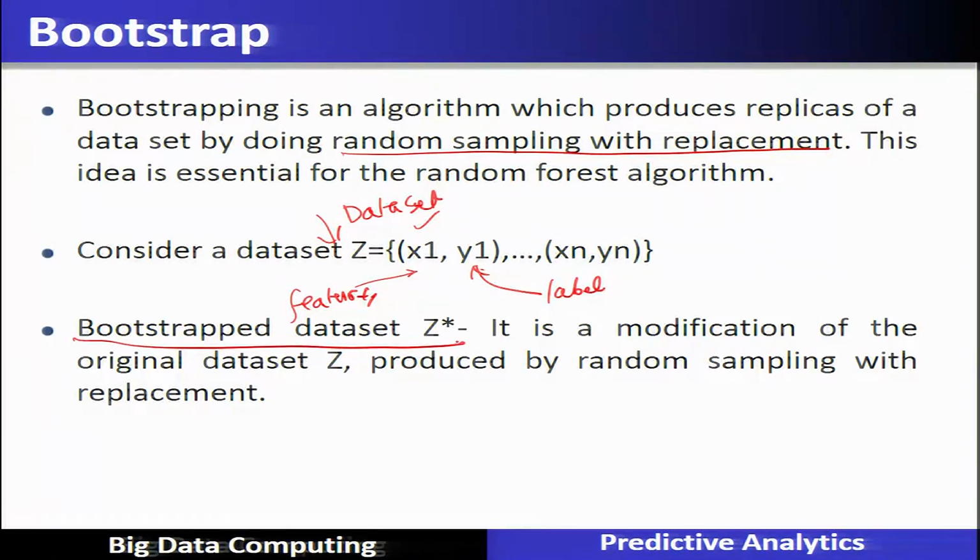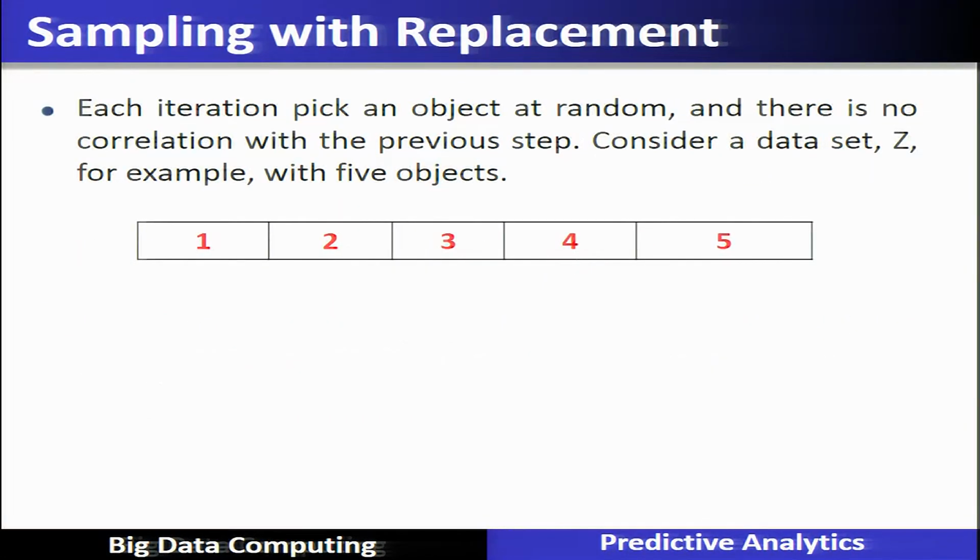It is a modification of the original data set produced by applying random sampling with replacement. Let us understand how this is generated. So, let us see the random sampling with replacement technique.